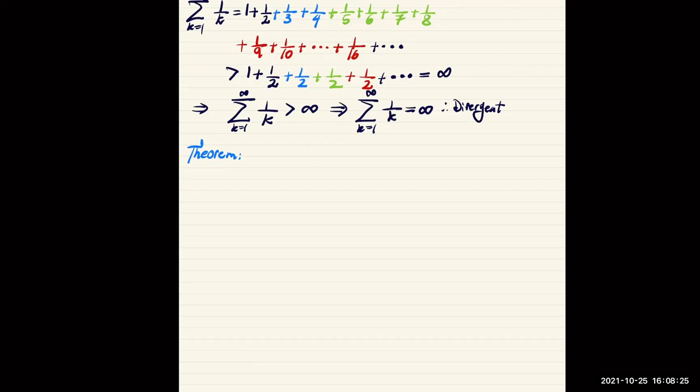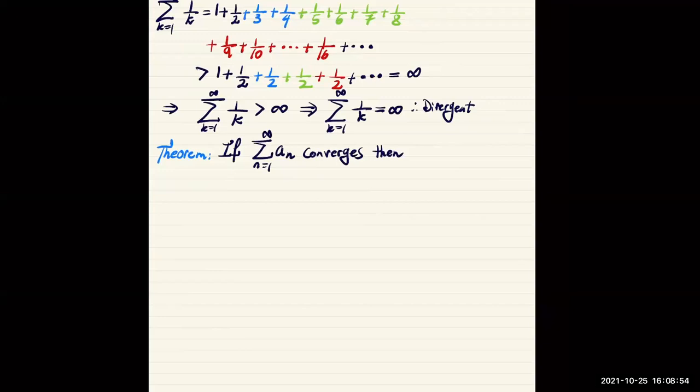The theorem says that if you have a convergent series, let me call it a sub n, where n goes from 1 to infinity. If this thing converges, you guys have no idea how important this theorem is.